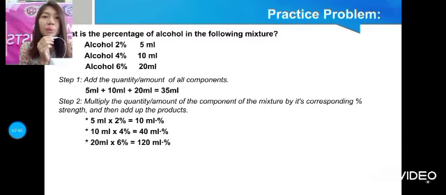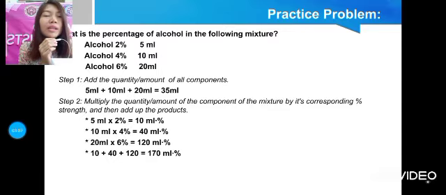The last component is alcohol 6% times its quantity of 20 ml, which is equal to 120 ml percent. After that, we add up all the products. That will be 10 plus 40 plus 120, which is equal to 170 ml percent.